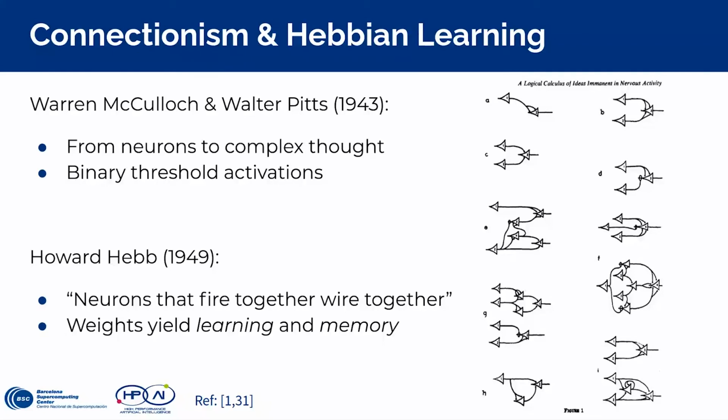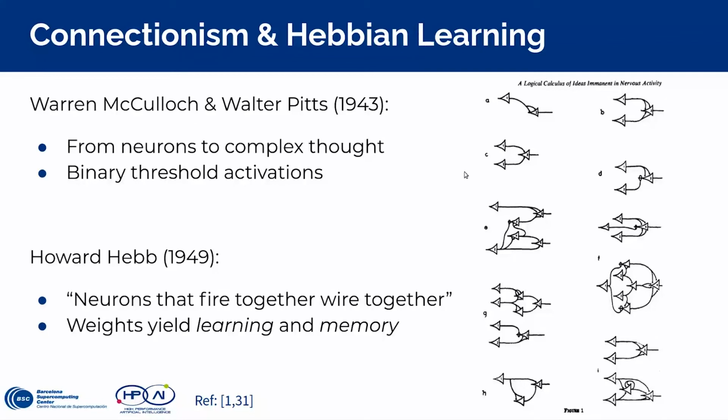So after the structure of the brain and the structure of biological neurons was discovered, some researchers started considering how we could adapt this mechanism to automate it, to synthetic design of neurons and brains. So one of the first contributions was by McCulloch and Pitts in '43, in which they started designing how these neurons could interact with one another.